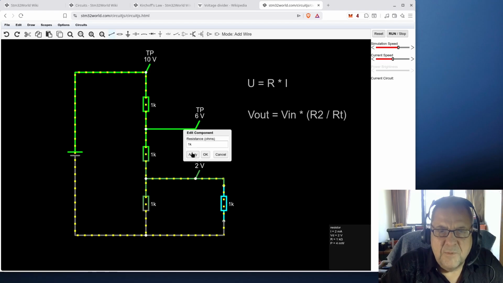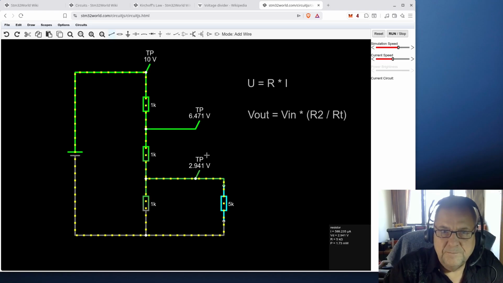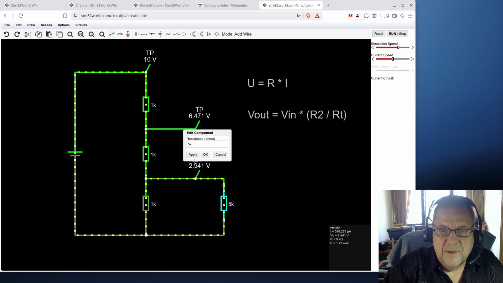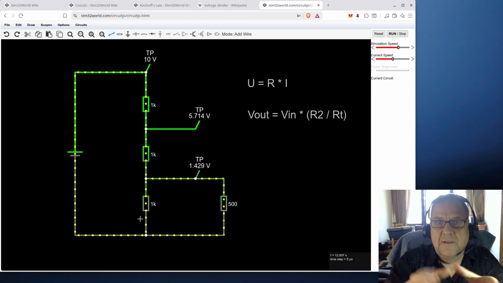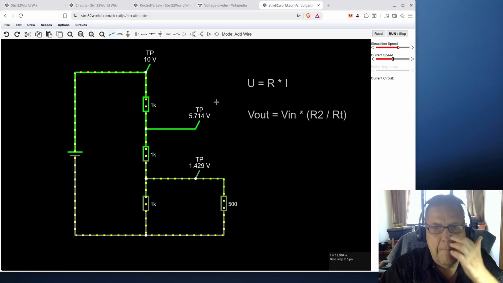And if we change that to, say, 5K, less current going that way, you see these values are changed. They're not 3 still. And what if we use more? Say we put 500 there, you will see in the simulation, more current will run this way. So this one is moving faster than this one. That indicates in Circuit.js that more current is flowing that way. And you can see these values will change madly.